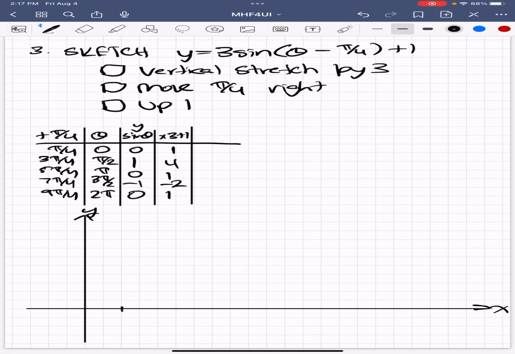So 1, 2, 3, 4, 5, 6, 7, 8, 9. Yes, I have enough space. So you're just counting by 45 degrees, but in radians.